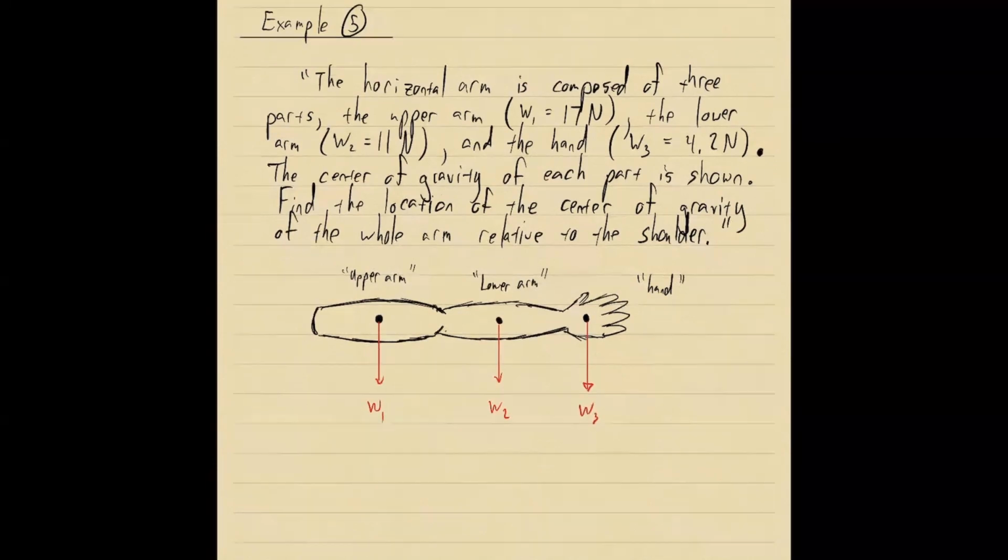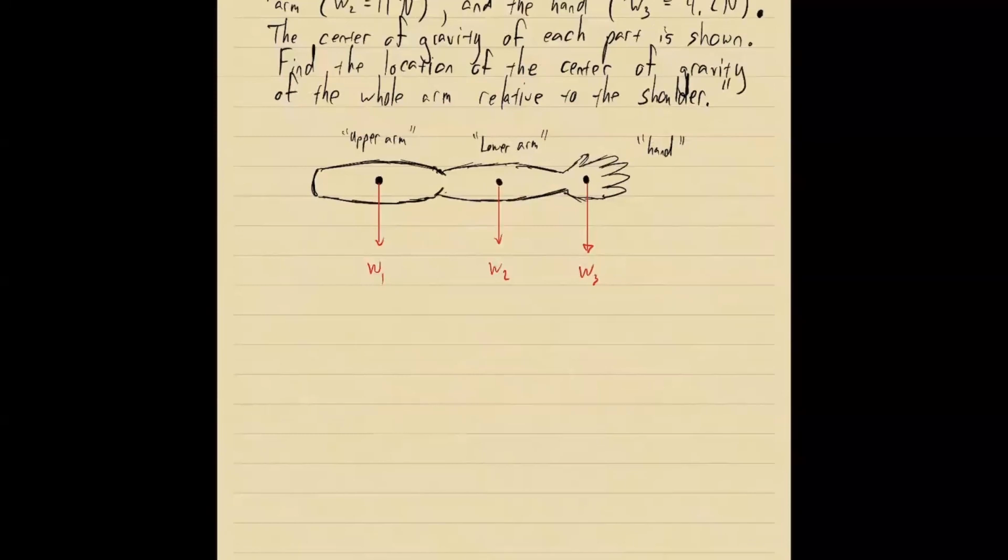So we need to know a little bit of information. The distance between our shoulder and where we can consider the weight of our upper arm to be acting, this distance here, is 0.13 meters. The distance between our shoulder and where the weight of our lower arm can be considered to be acting, this is 0.38 meters.